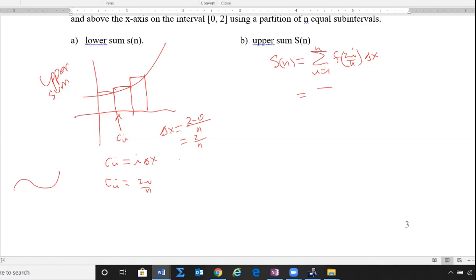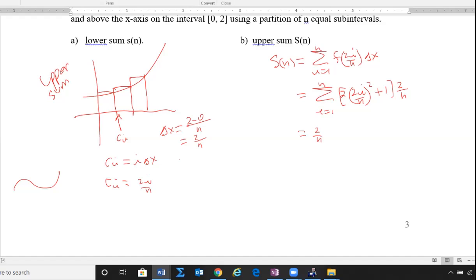And let's go ahead and put in our numbers now. 1 through n. f of 2i over n becomes (2i over n) squared plus 1, like that. And then times the delta x, which is 2 over n. Okay, so that's everything. Notice it's a little simpler than the last one, but we still have to do some expansions here.